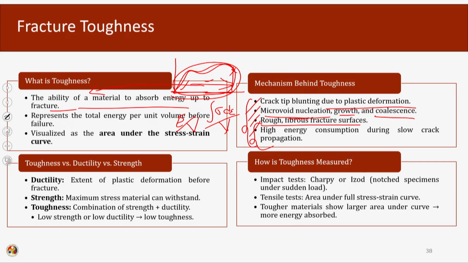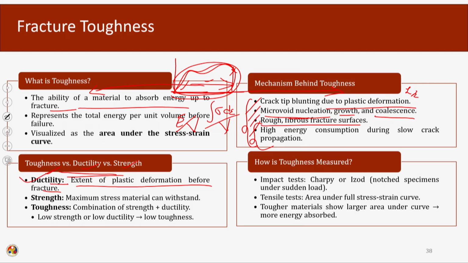What is the relationship between toughness, ductility and strength? Ductility is the extent of plastic deformation before fracture, how far it can go. The change in length versus the original length gives us an idea about the ductility.